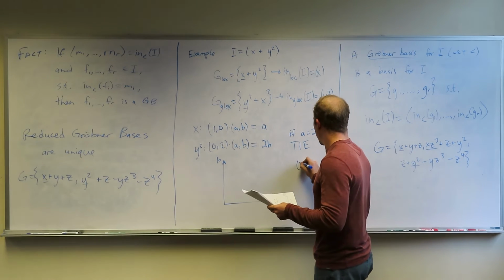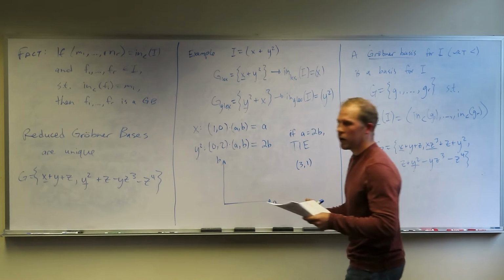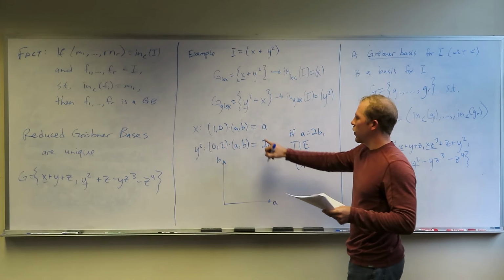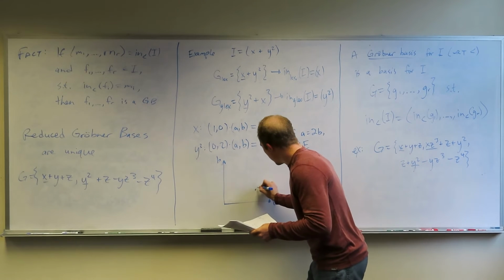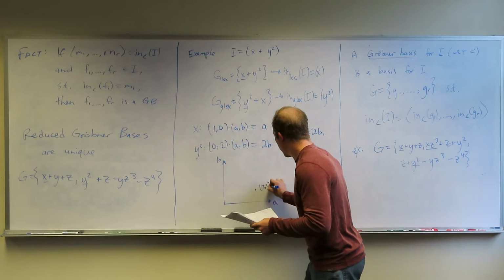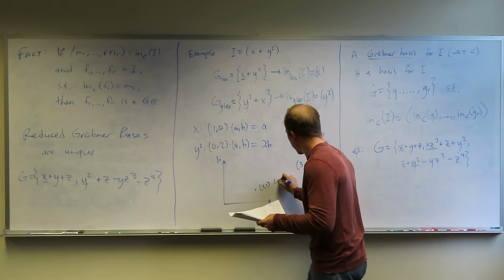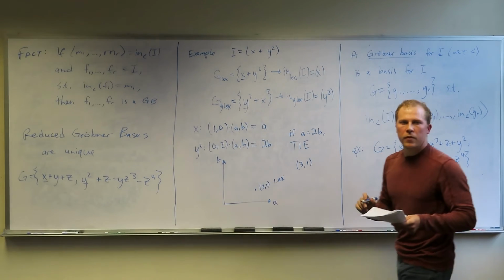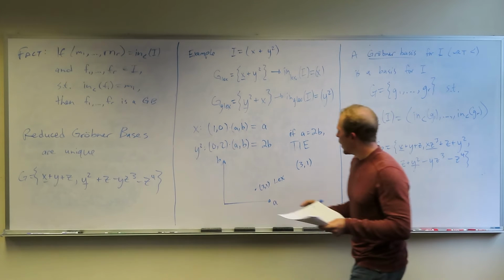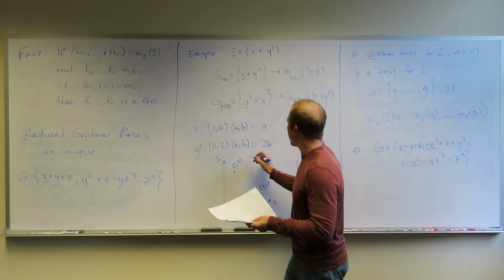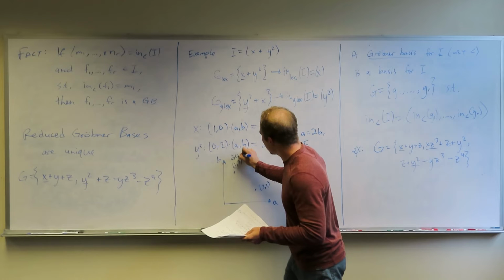Let's say I have the weight vector 3, 1, and that's a situation where A is bigger than 2B. So x should win, right? So here is 3, 1, and this corresponds to x winning, so this is like lex. And if I do the other way around, let's say 1, 3, then this is going to correspond to g lex.